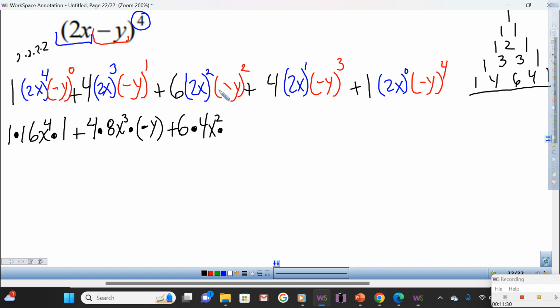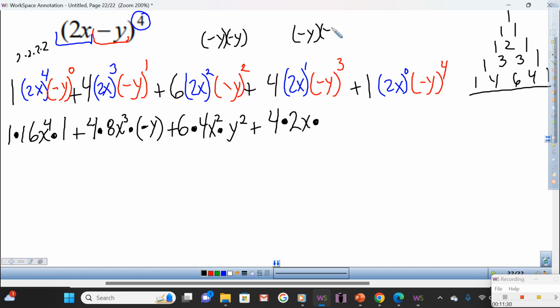Times. What is negative y squared? y to the second, because negative y times negative y, a negative times a negative is a positive, y times y is y squared. Plus, bring down the 4, times, what is 2x to the first power? Well, that's just 2x, times, what is negative y to the third power?